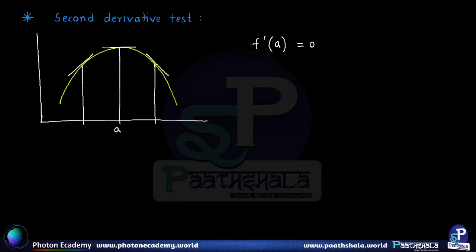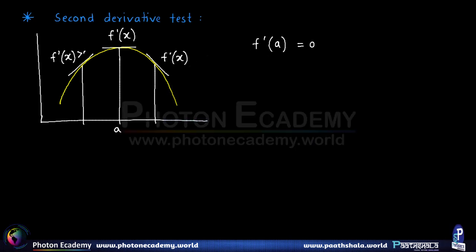Now let's observe what is happening to the first derivative as we cross through the point of maximum. Initially the first derivative was positive, then it became 0, and then it became negative. So as we pass through the point of maximum, the first derivative is continuously decreasing.